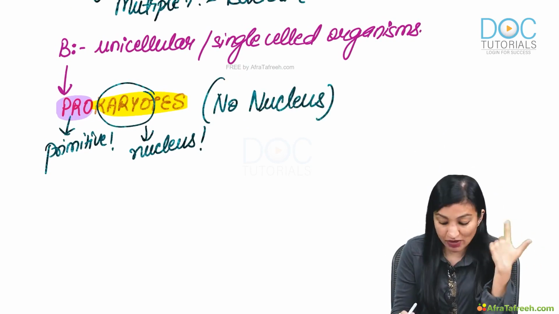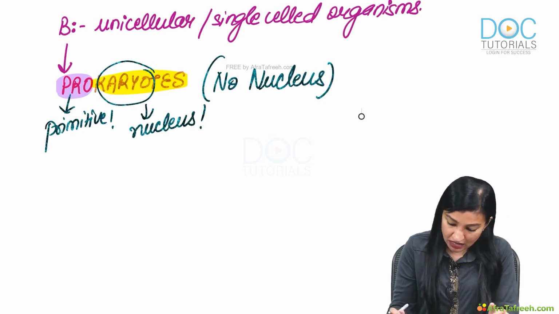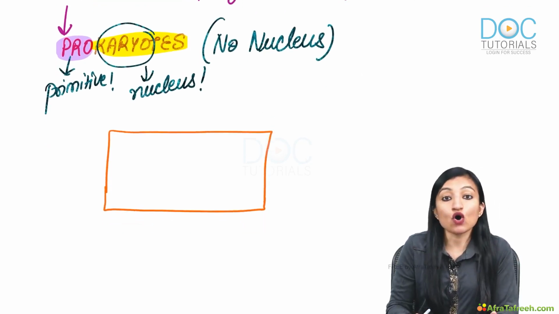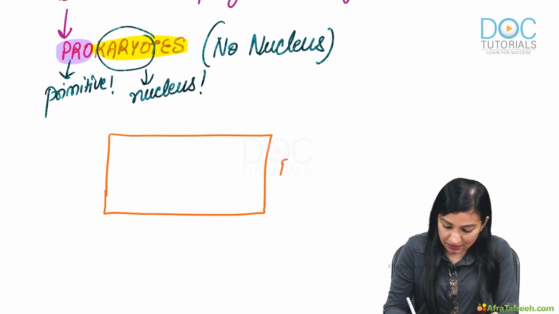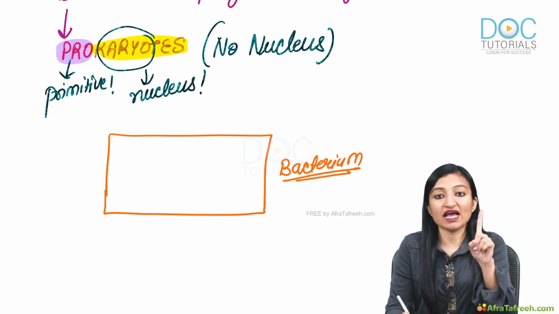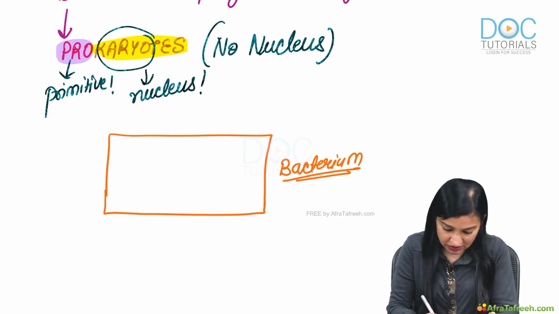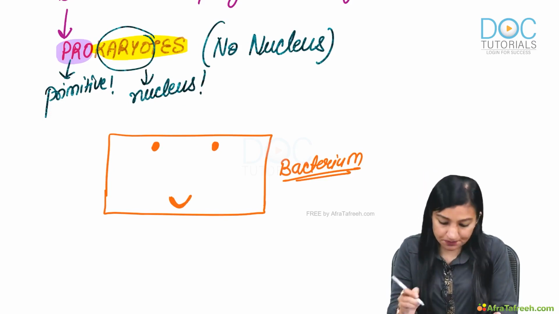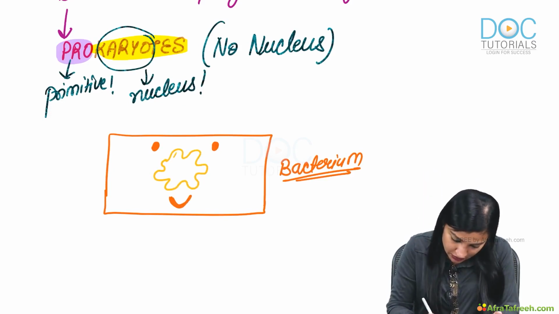Now what do I mean by the term nucleoid? Imagine this orange box which I have drawn is a bacterium. One organism, a single bacterium, happily smiling. Now what am I drawing in yellow?